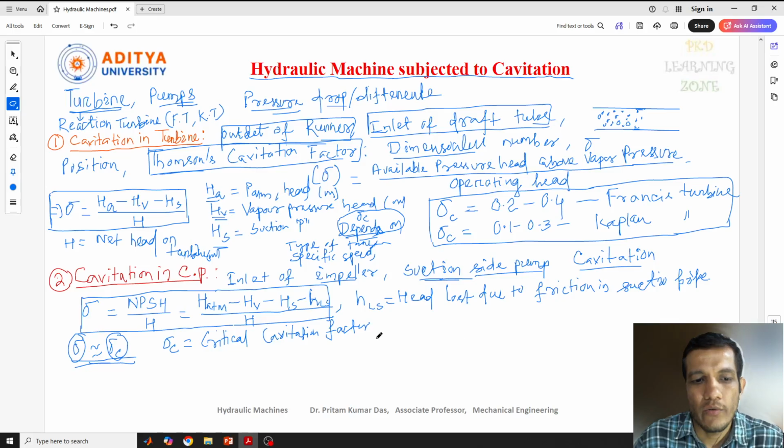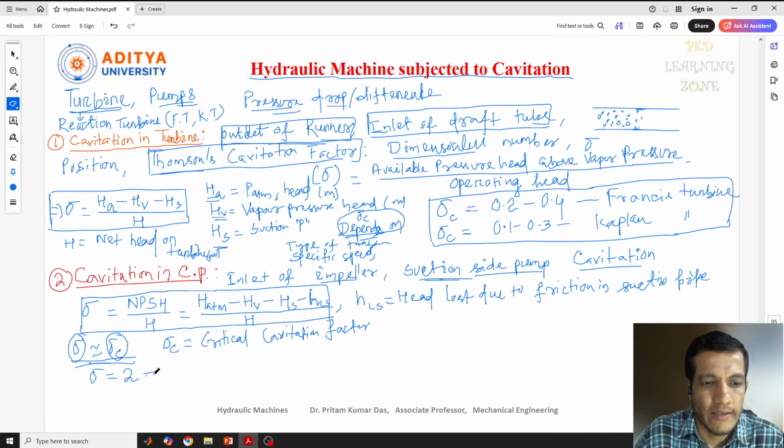I'll give you a small example. Suppose we consider a turbine or a pump, anything we can consider. In that, let me calculate the sigma value, and suppose I found sigma equal to 2. There is no cavitation occurring in the pump or turbine.